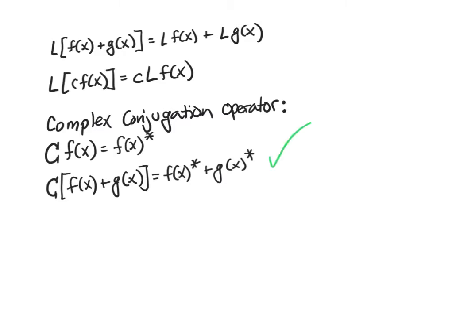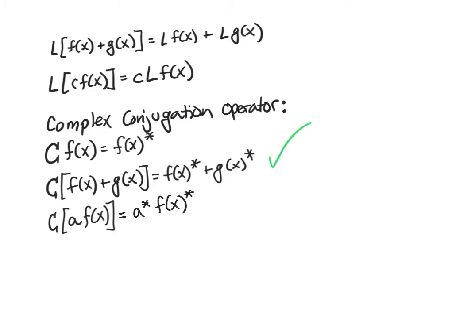Now let's look at the second requirement. If I apply the complex conjugate operation to a number, I'm going to call it a, just so we don't deal with capital and lowercase c, times f of x. Well, when you take the complex conjugate of a product of one number with a second number, you get the complex conjugate of the first times the complex conjugate of the second.